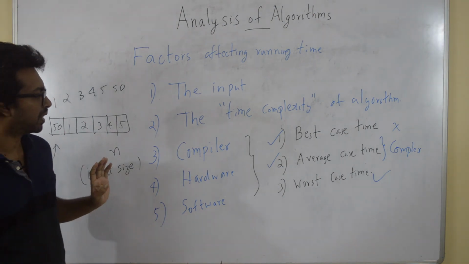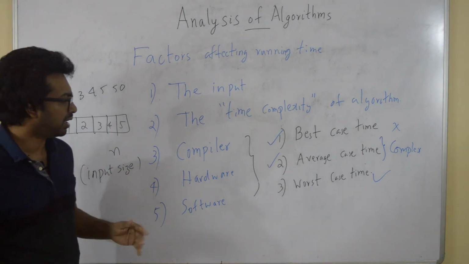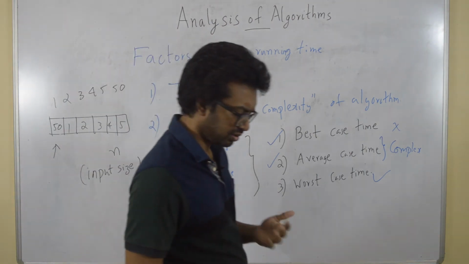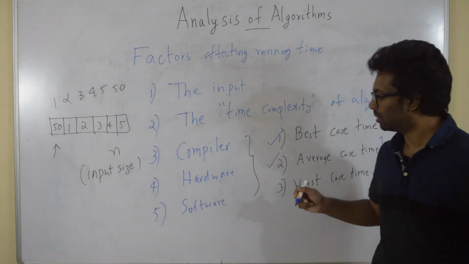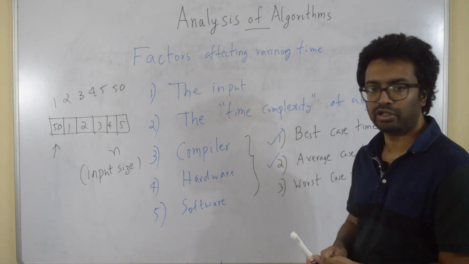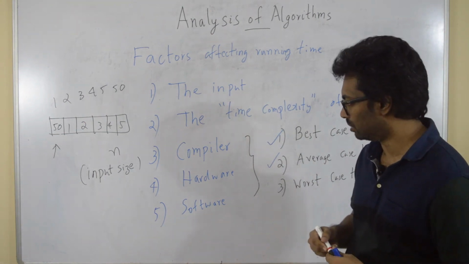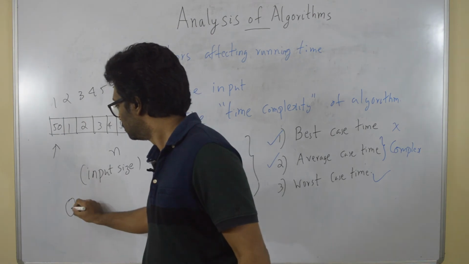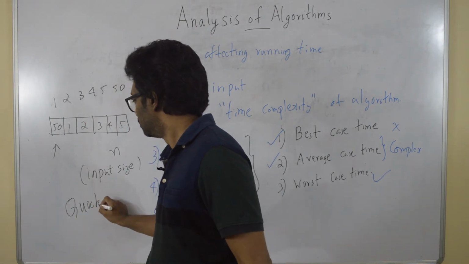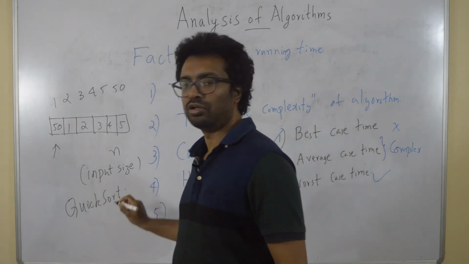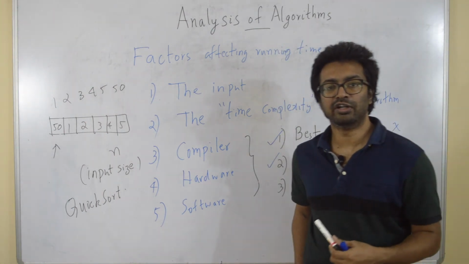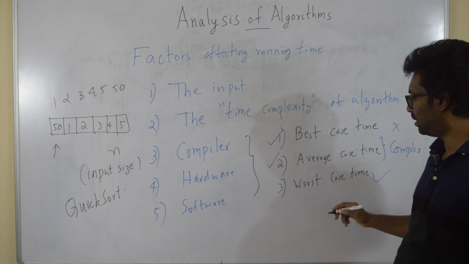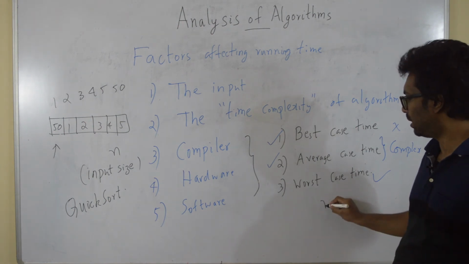Now, you'll see later that, for example, there's a sorting algorithm called quicksort. Quicksort in the worst case takes something like n square time.